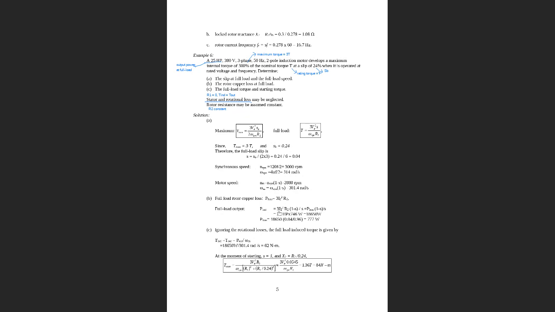On the other side, we know that the output power equals the converted power.